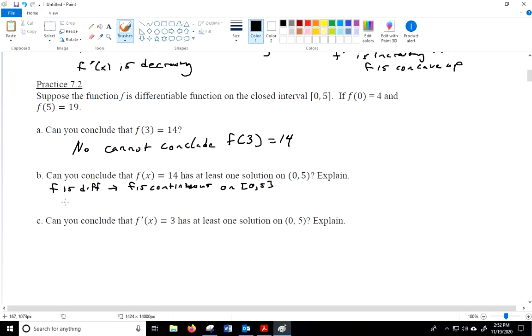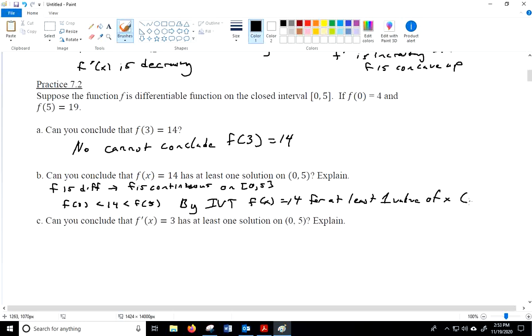And we know that f of 0 is less than 14, and f of 5 is more than 14. The reason I know that must happen is the intermediate value theorem, the IVT. We know that f of x equals 14 for at least one value of x on that open interval.